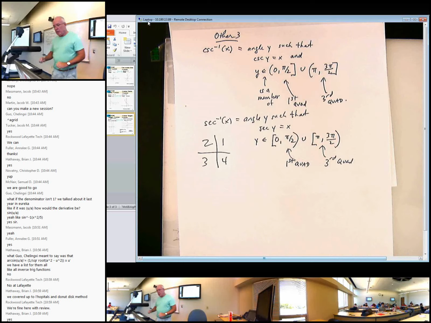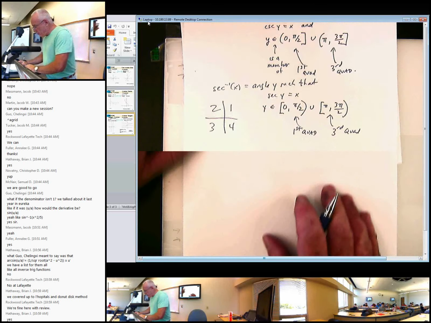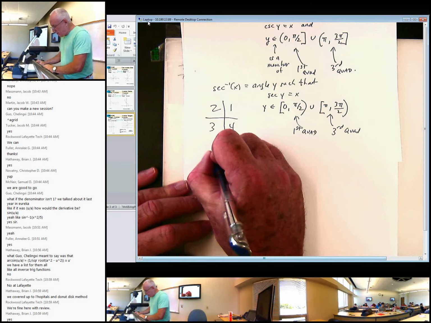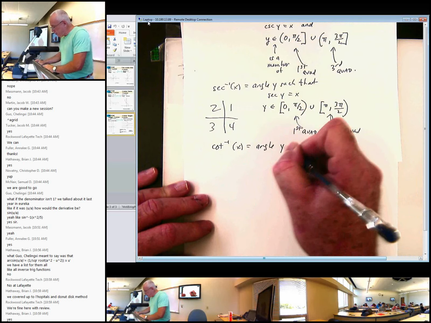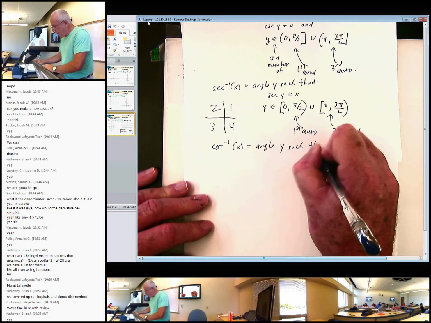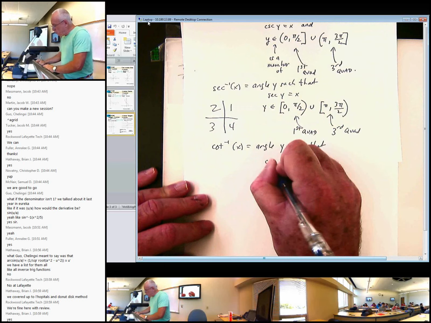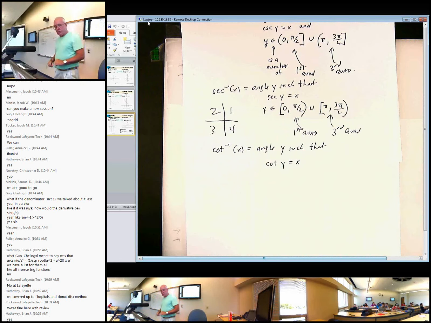And then finally, we have the cotangent inverse of x. That's the angle y such that the cotangent of y is equal to x.